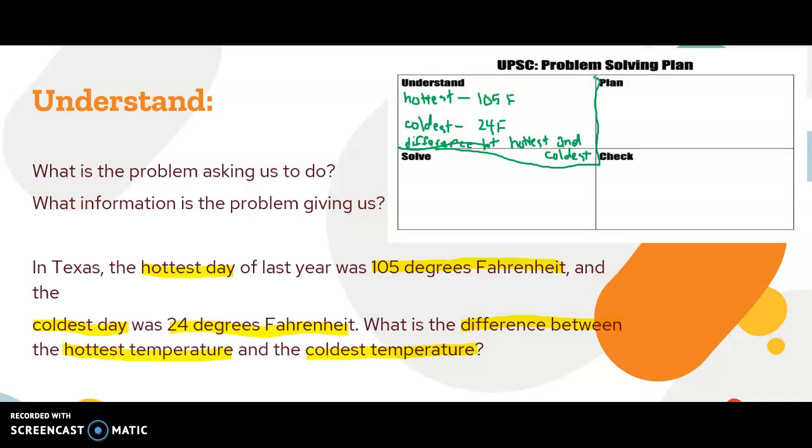So my plan. I've already shown you one strategy you can use to solve subtraction by using a strip diagram. Now, if you want to use a strip diagram for every problem, you can.